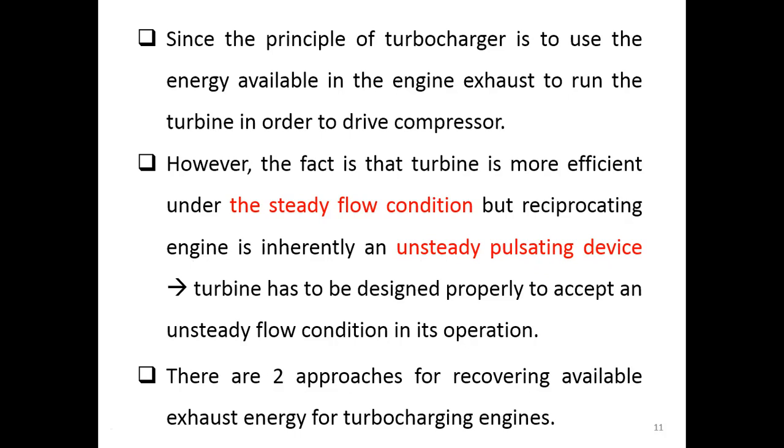So the exhaust that falls out is not considered a steady flow. It is an unsteady pulsating flow. But we still want to use the exhaust flow to run the turbine, so you can see a contradiction between these two.